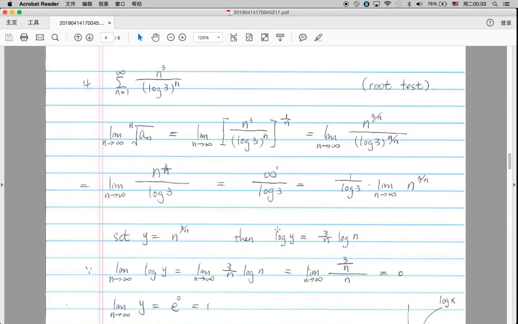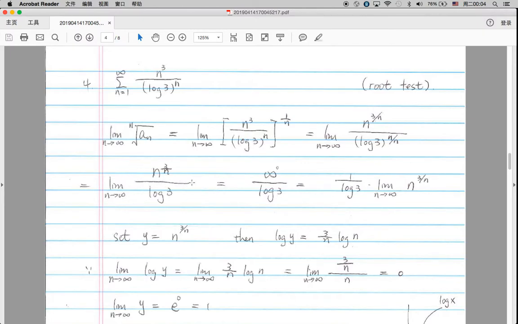However, if we end up with this expression, we cannot tell what the limit is in this way. So in this situation, we need to apply L'Hopital's rule, basically taking the derivative of the numerator and the derivative of the denominator at the same time, until we can plug in infinity into the target expression.